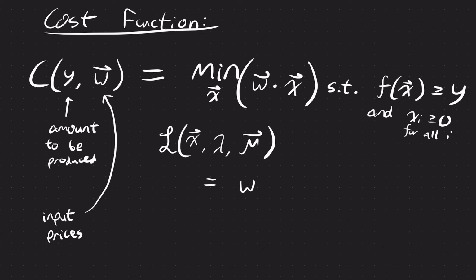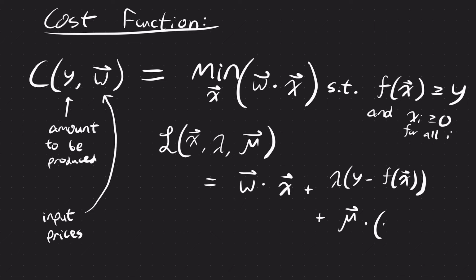And so this function is going to be the objective function, w dotted with x, plus lambda times (y minus f of x), plus mu, the vector, dotted with negative x.